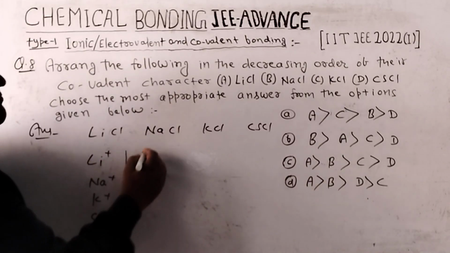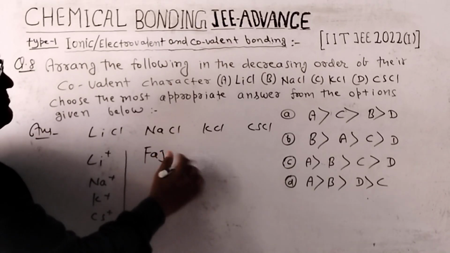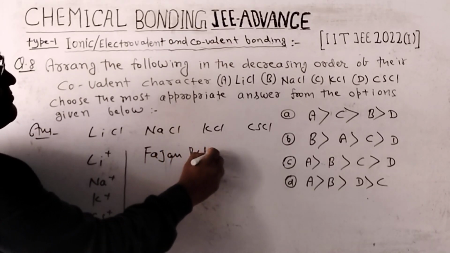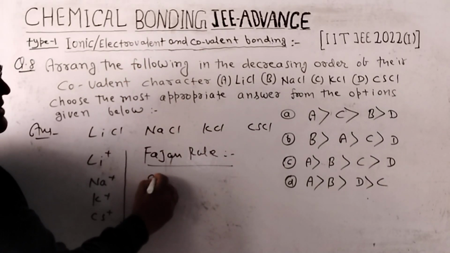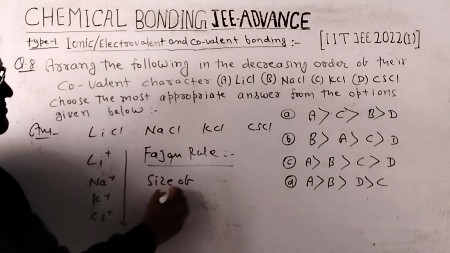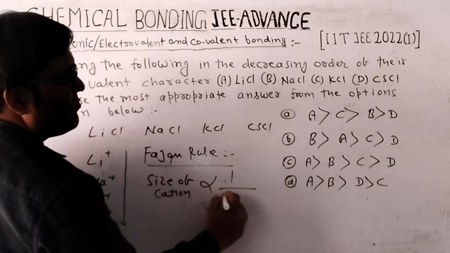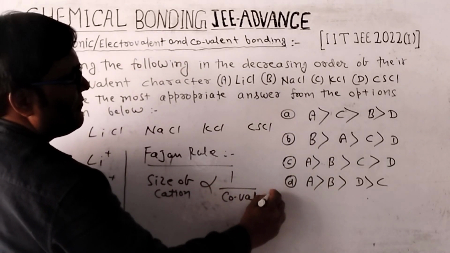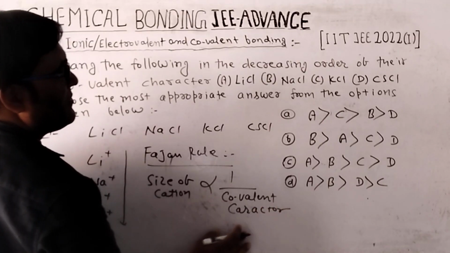So from Fajans' rule, size of cation is inversely proportional to covalent character. Okay.